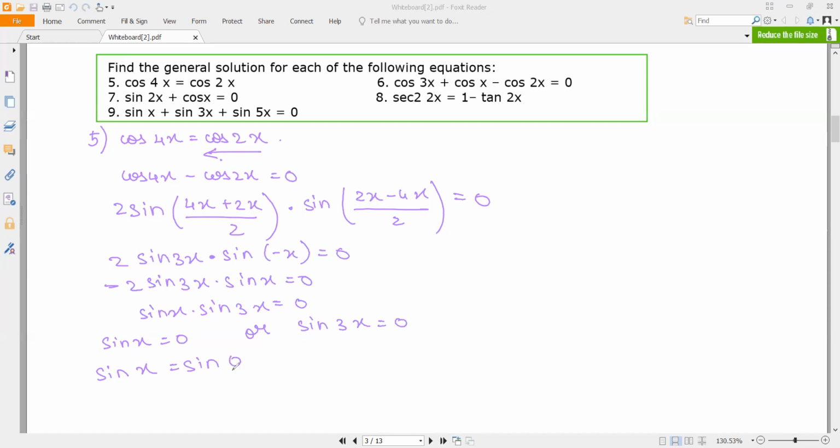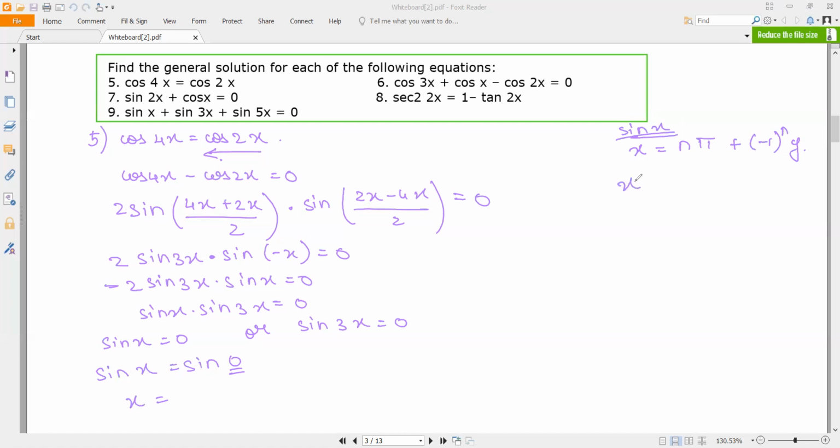But if you consider the 0 as y, then you can write x is equal to, you're nullifying sine on both sides, but on the right hand side, you're applying the general formula. So the general solution says x is equal to n pi plus minus 1 to the power n into y, for n belongs to z. Here, this is for sin x.